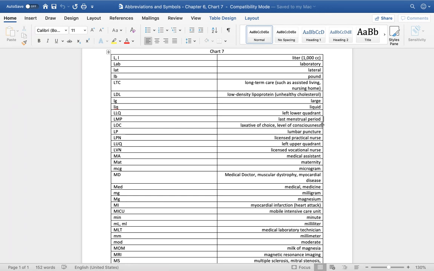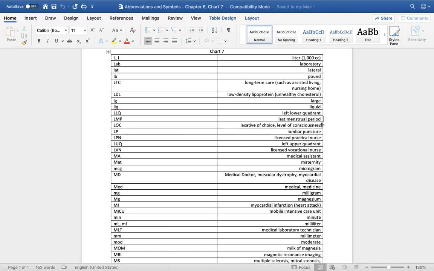LOC, this is laxative of choice or level of consciousness. So I'll start with level of consciousness because it's a little more important. Patients' LOC, they could be alert and oriented ×1, ×2, ×3, ×4. Right, so they could be alert to person, place, time, and event.